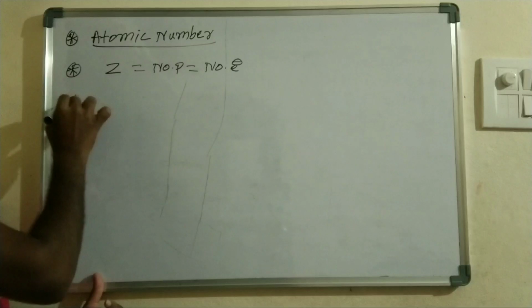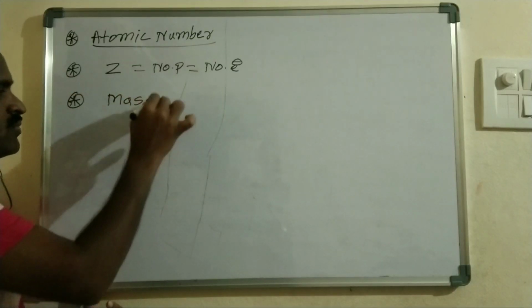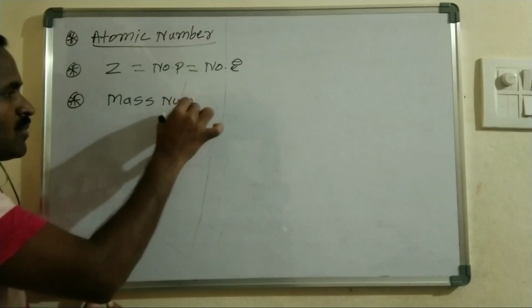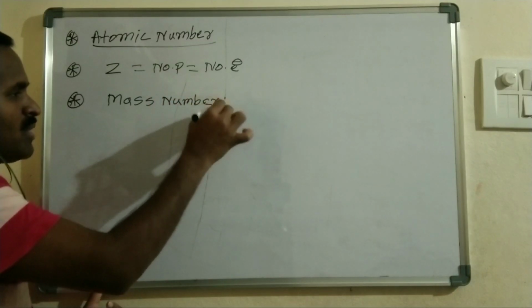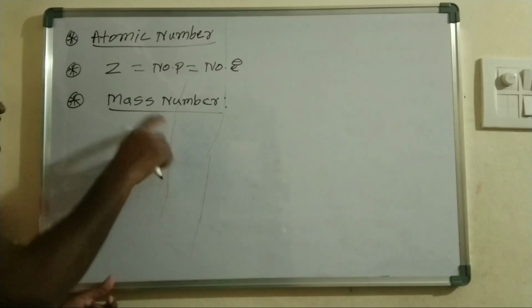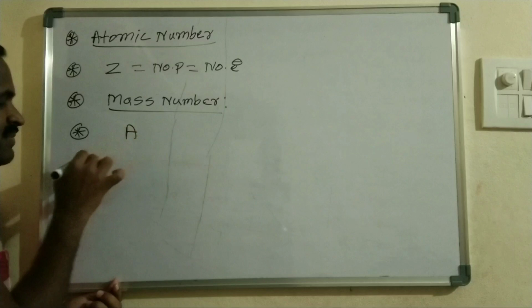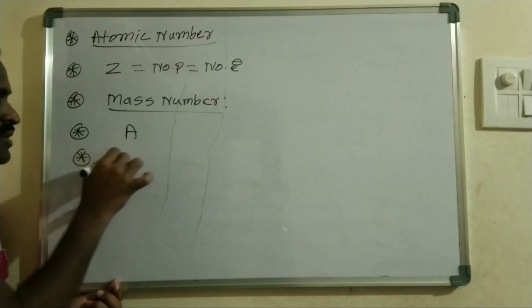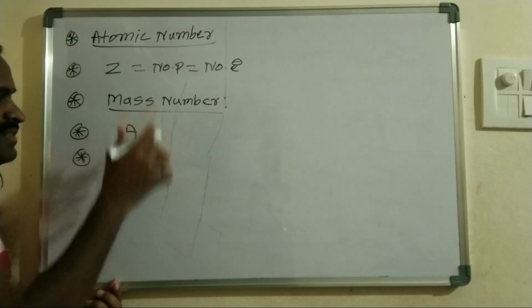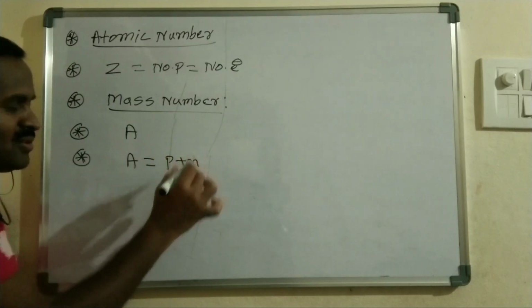The next one is mass number. Mass number is the sum of the number of protons and neutrons present inside the nucleus. Generally, mass number is represented by the symbol A, where A is the sum of the number of protons and the number of neutrons.